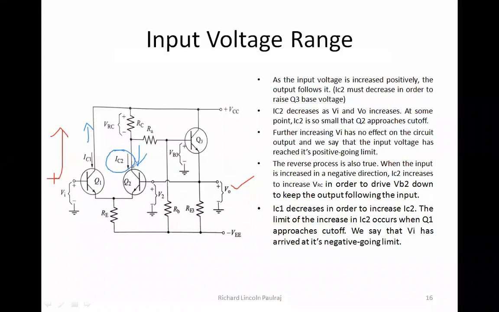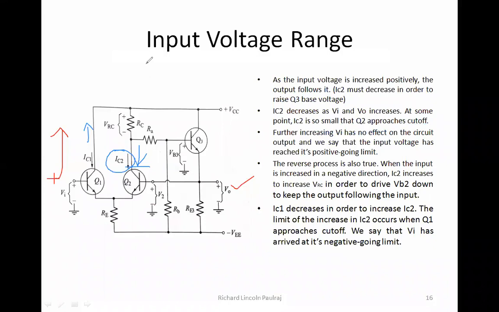It has already reached a level, so it cannot go beyond that level. Even if the input is given more positive, there is a limit at which the currents can reduce. At some point IC2 is so small that Q2 approaches cutoff.